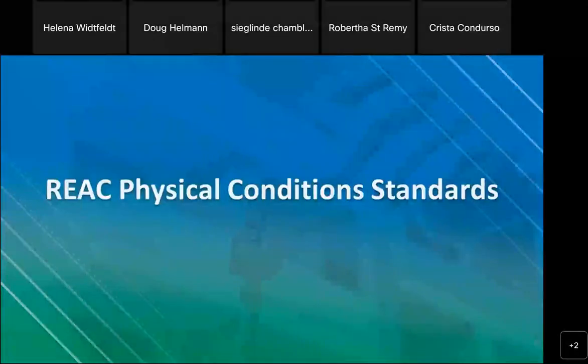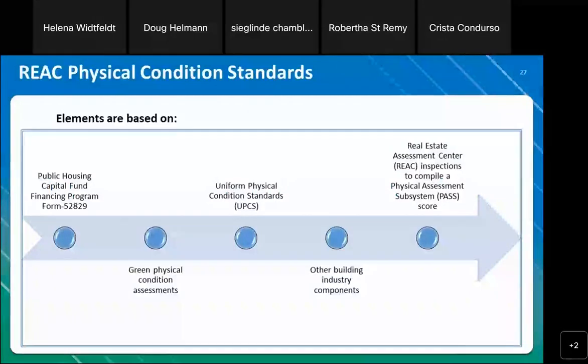All right, let's look at REAC physical condition standards. We've had a presentation on that, but this is just making the bridge and the connection for the standards and what the elements in the physical needs assessments are based on. You see all these tools are interconnected and taken from REAC inspections.